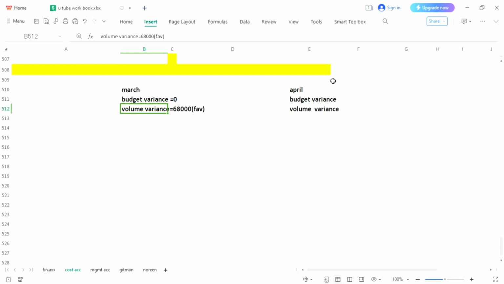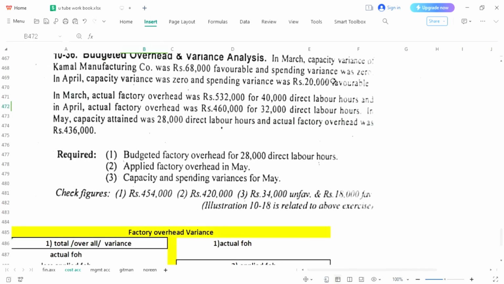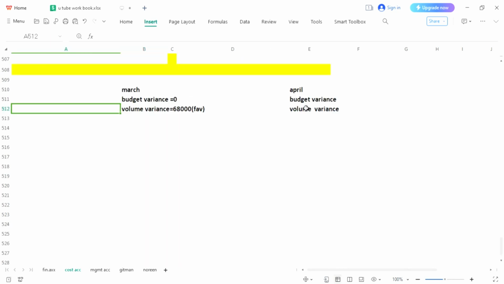What we are doing right now is noting down the information provided in the question, arranging it so that we can conclude something better. In April, capacity variance is 0. So volume variance or capacity variance in April is 0.